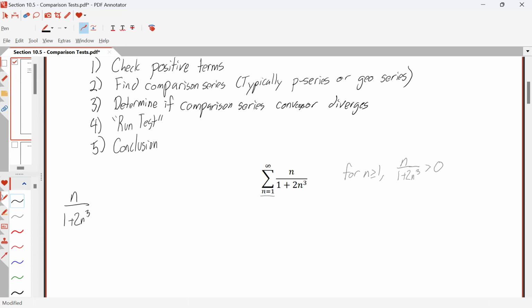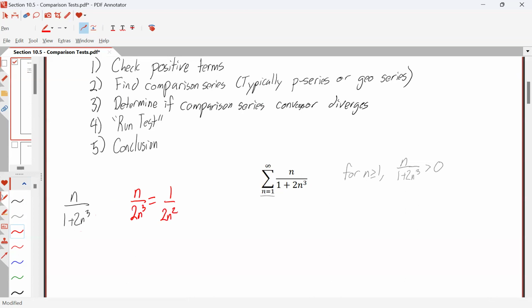Looking at the big ideas of what's going on, n over 2n cubed is itself a sequence that fits into a p-series form. So what we'd want to compare it to is just those big term things. Simplifying that down, n over 2n cubed is 1 over 2n squared.